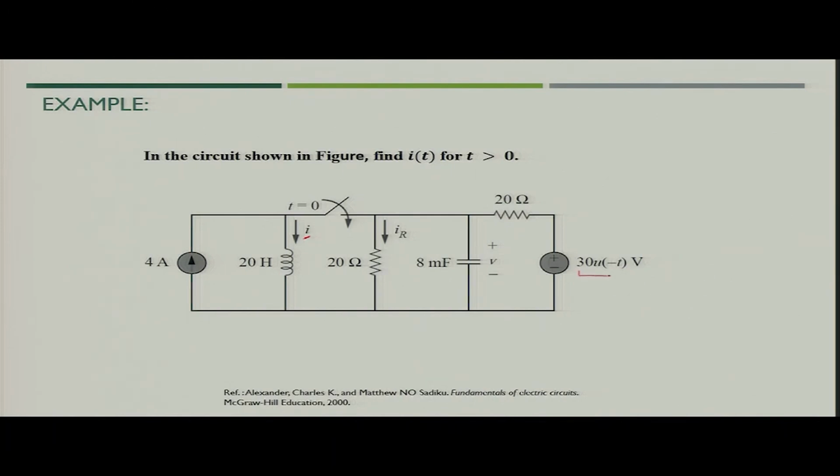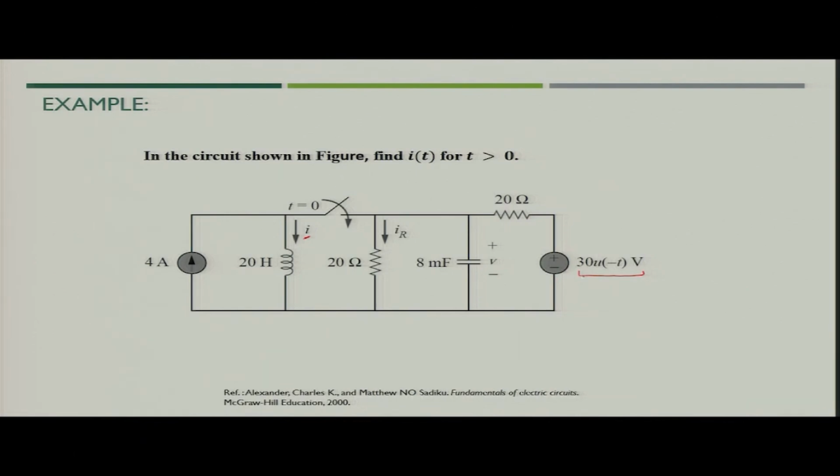Now, you see that the voltage which is connected across the second part of the circuit is 30 u(-t) volt. What does it mean? It means that at time t less than 0, the value of voltage is 30 volt. At time t greater than 0, this value becomes 0 volt, meaning when the switch is closed, this voltage source is short circuited.